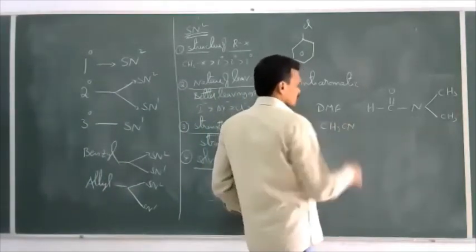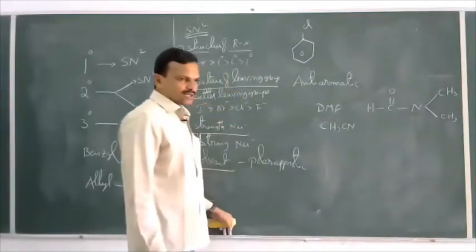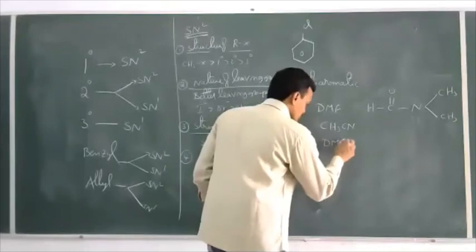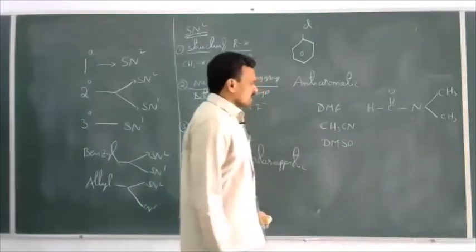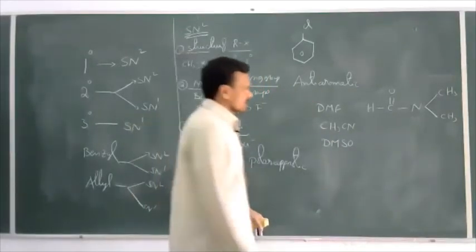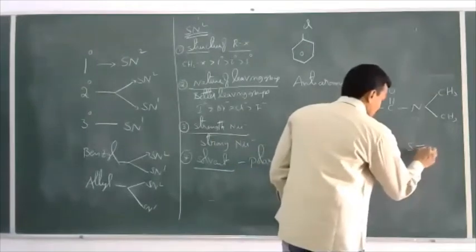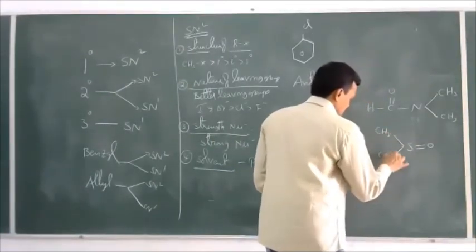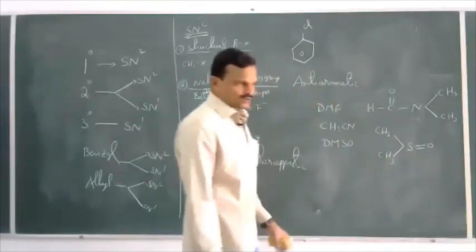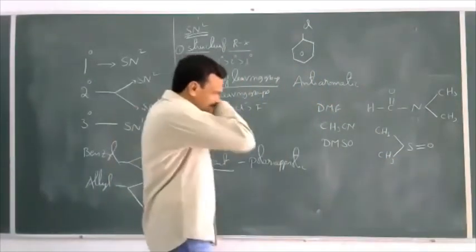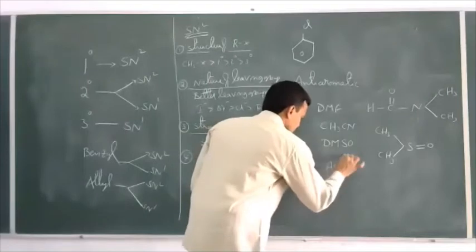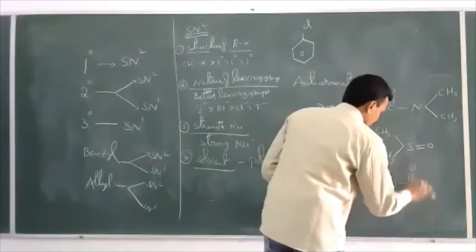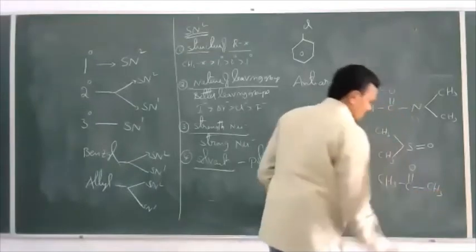CH3CN is called acetonitrile. DMSO is dimethyl sulfoxide, with 2 methyl groups here. Like acetone, CH3COCH3.